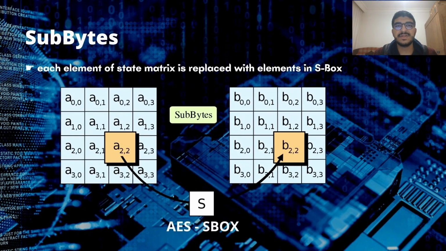In the substitution bytes step, each element of the state matrix is replaced with the elements in the S-Box. For instance, if the state matrix contains A7, it will be replaced by DA. This creates a nonlinear confusion in the data.